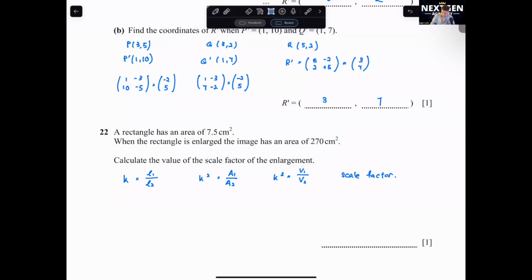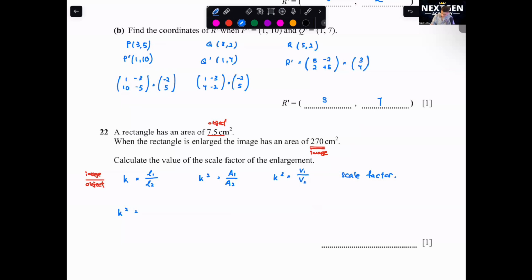So what are we comparing over here? We are doing an enlargement for area, so we'll take the formula of K squared. Whatever is on top will always be image over object. Image means after you have gone through the transformation. So this is the image, and this one is the object, the original one.